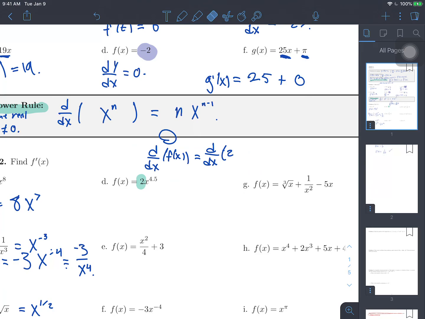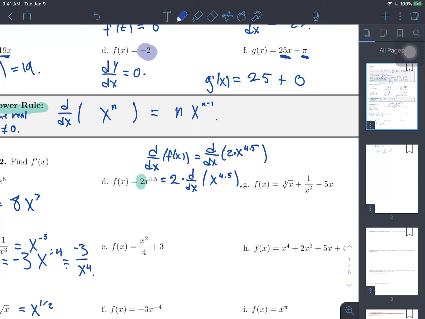Now here's where I'm applying my constant rule. This is equal to 2 times d dx of x to the 4.5.